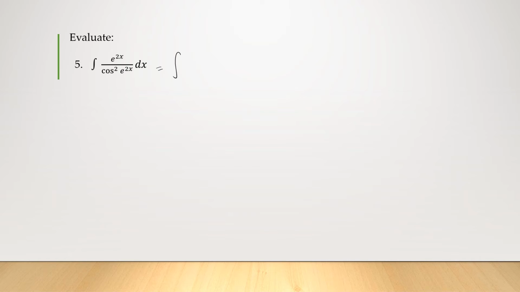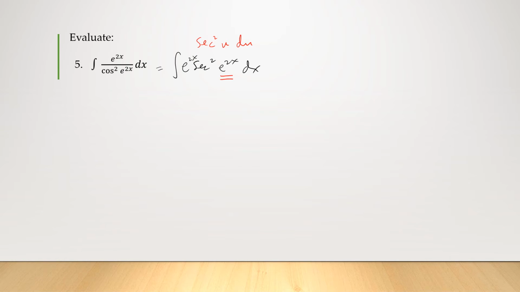Since this is 1 over cosine squared, we can write this as secant squared e to the 2x and e to the 2x dx. So obviously, the formula involved here is secant squared u du.